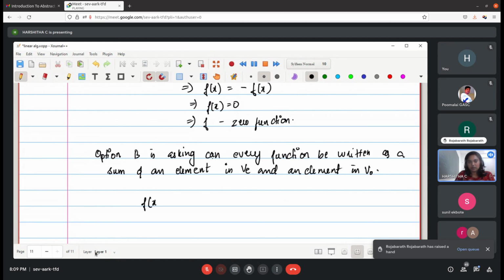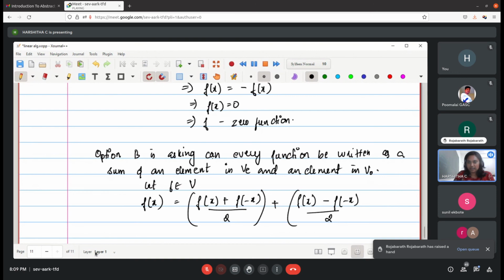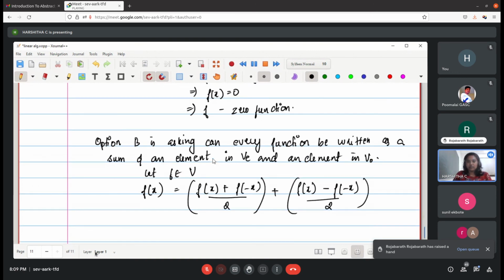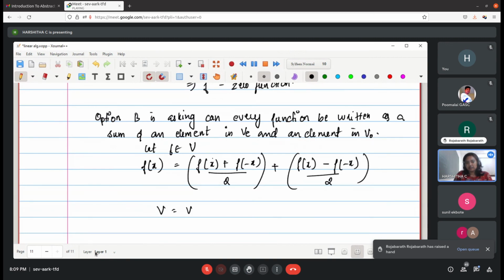You take any arbitrary function f. You can write it as f of x plus f of minus x by 2, plus f of x minus f of minus x by 2. You can check that one of these will belong to VE and the other will belong to VO. So this will give you that V is VE sum VO.